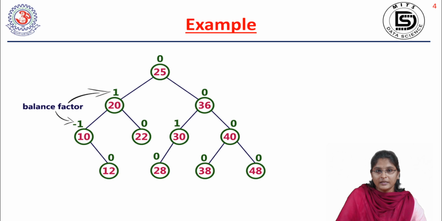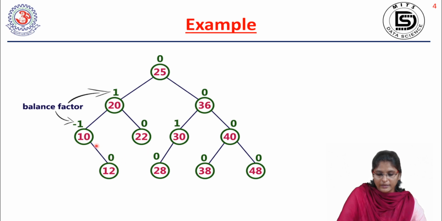And see here, it is an example of an AVL tree. Here we can see 0, -1 and 1 as balance factors. See, this is a perfect AVL tree. I will show you something. See here, the heights are 0, 1, 2 and 3, up to level 3.